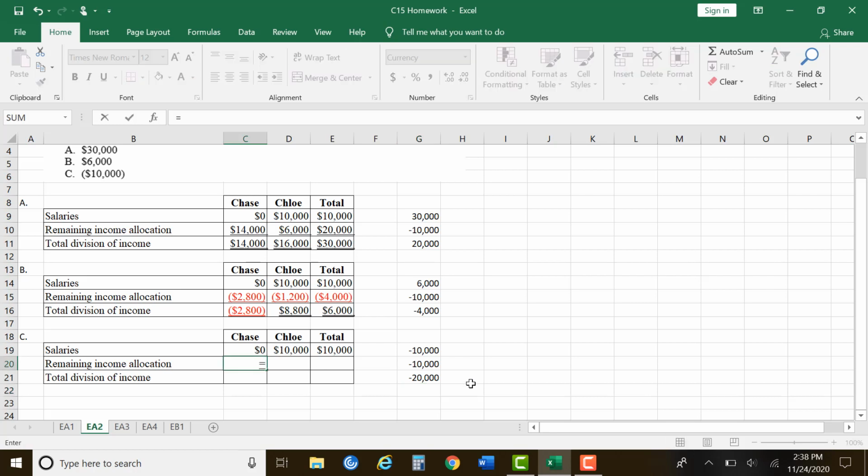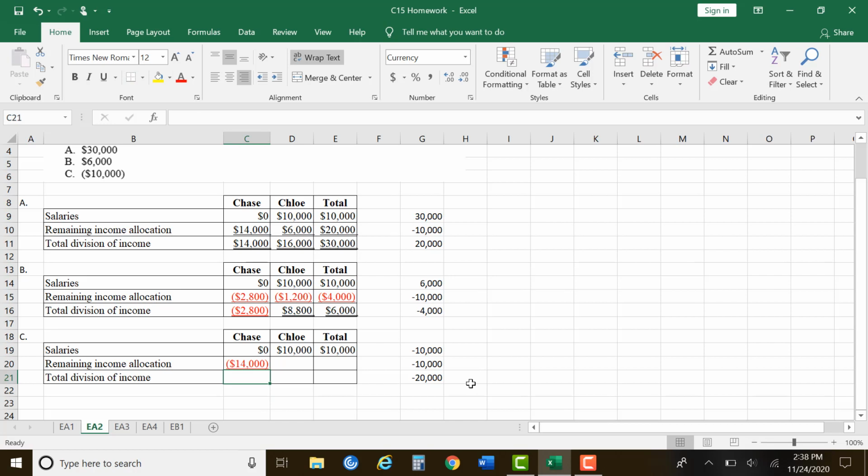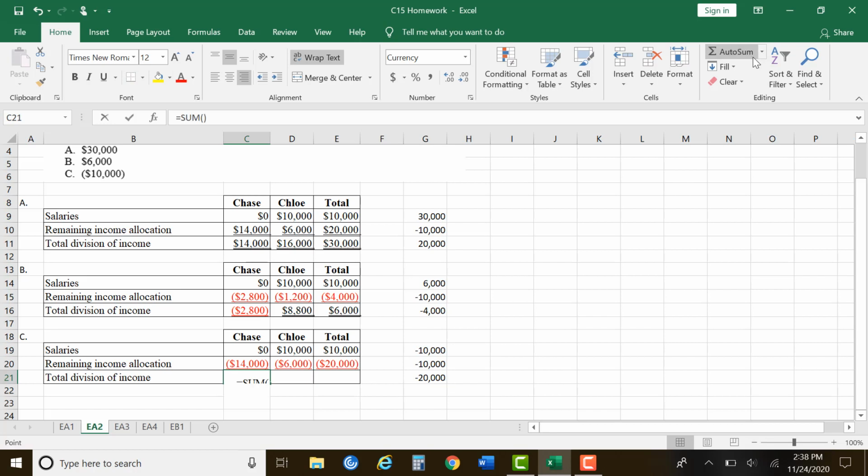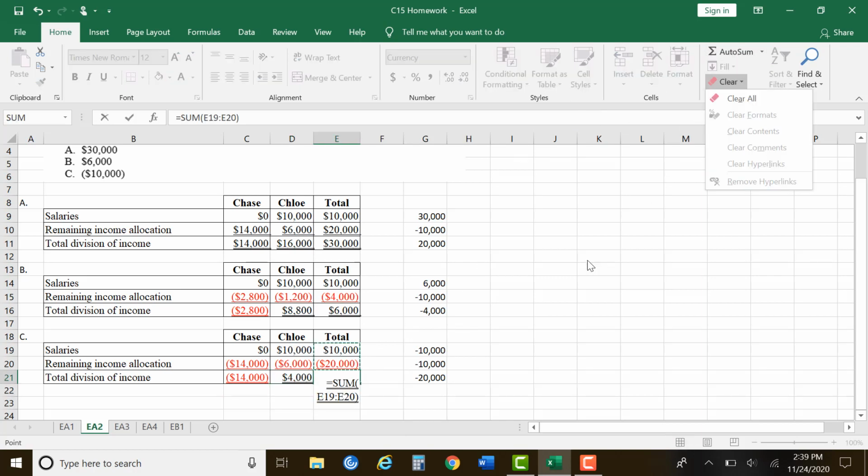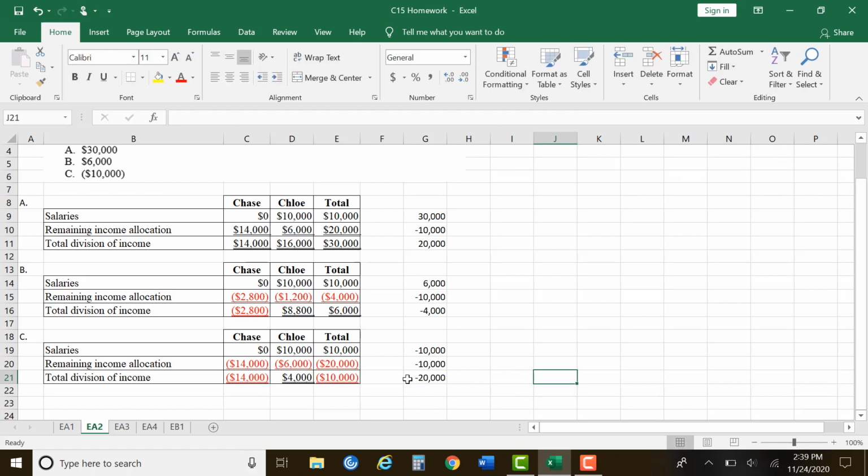Chase is going to get 70% of that loss, and Chloe's going to get 30% of that loss. So the total loss was 20,000. And then how it all shook out was Chase lost $14,000. Chloe lost $4,000, and the business overall lost 10.